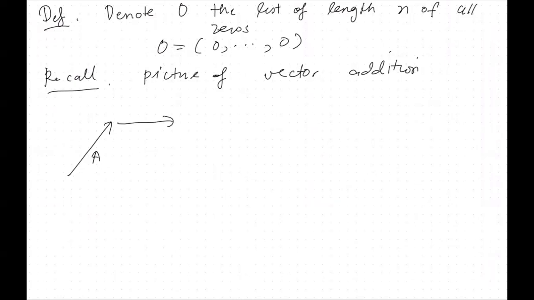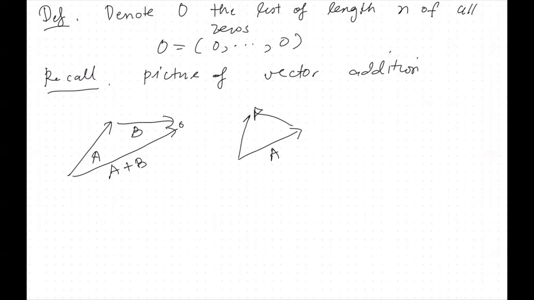We have a vector A and then vector B, and then here we have A plus B. If we have vector A here and vector B goes this way, then this one will be the resultant A plus B. I will not be doing details for this because I believe this is your visual picture in multivariable calculus.